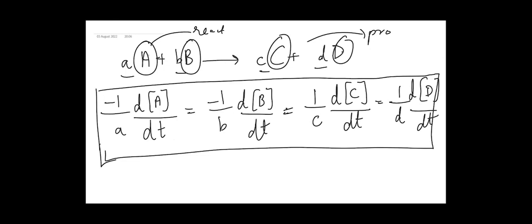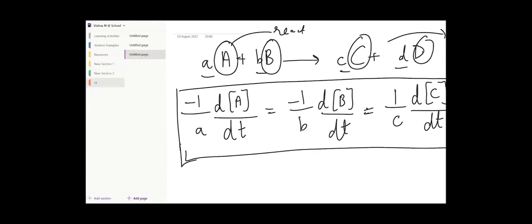If we are calculating the rate of reactant A, how the concentration of A changes with respect to time, we are dividing it by the stoichiometric coefficient of A. And if it is for B, then B, and so on for all the reactants and products.